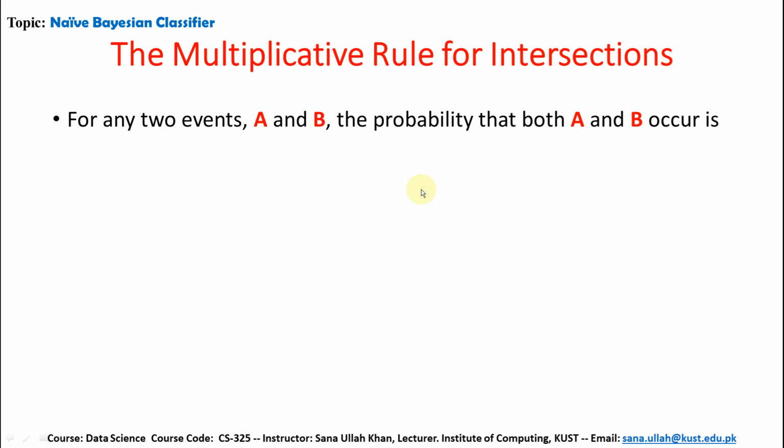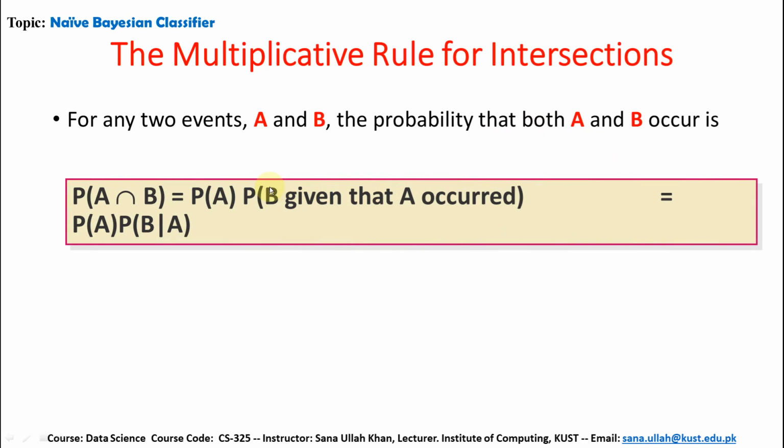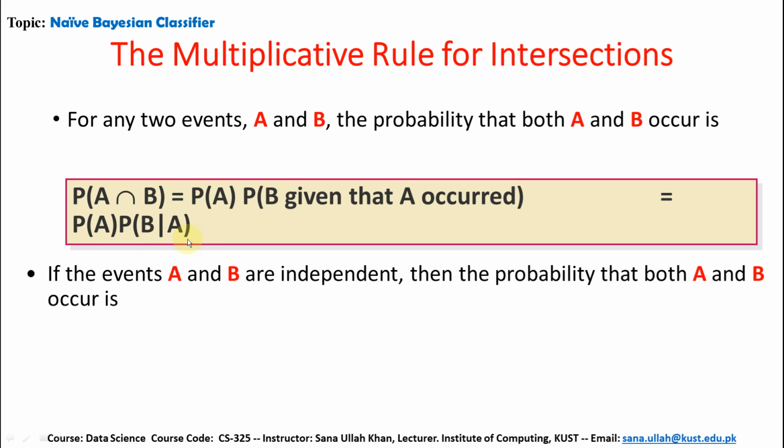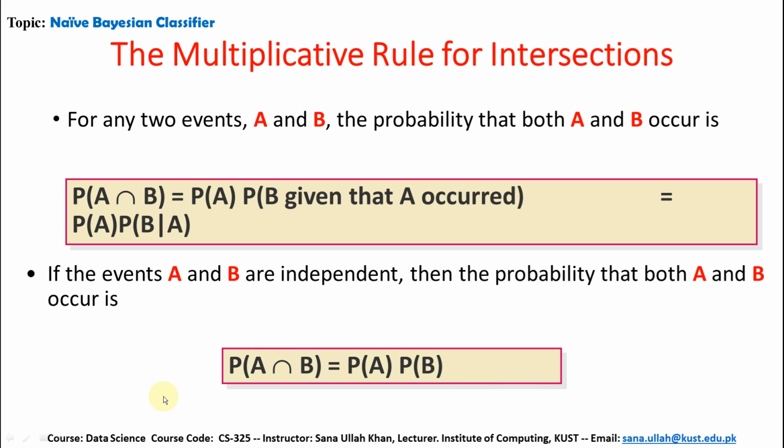The multiplicative rule for intersection is, for any two events A and B, the probability that both A and B occur, P(A intersection B), is equal to the probability of A times the probability of B given A. If the events A and B are independent, the condition will be dropped, and the probability of A intersection B will be equal to the probability of A times the probability of B.